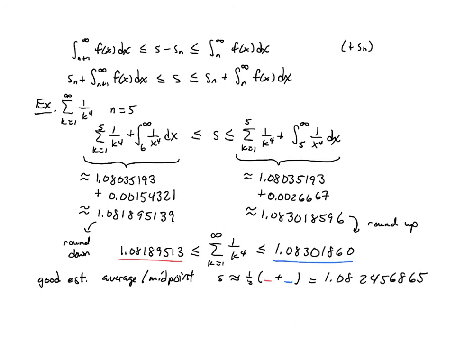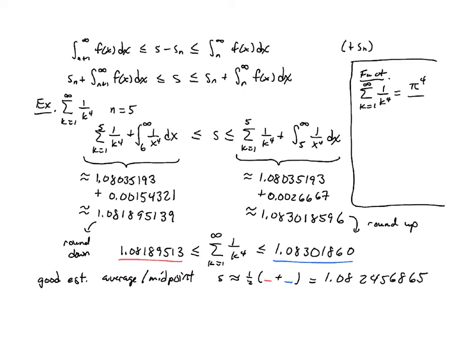One thing that's worth noting about this example, let me put this over on the side here so that we can compare it directly, is that the actual value for this series is somehow pi to the fourth over 90.